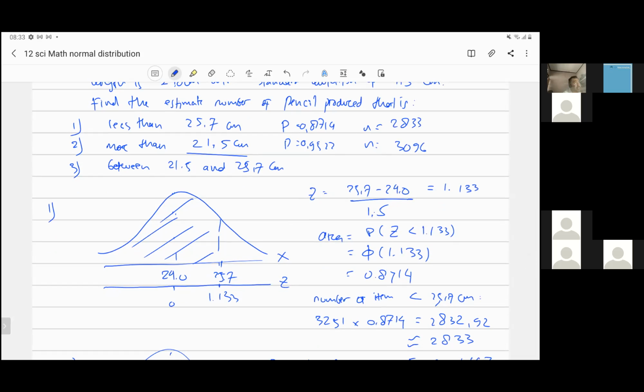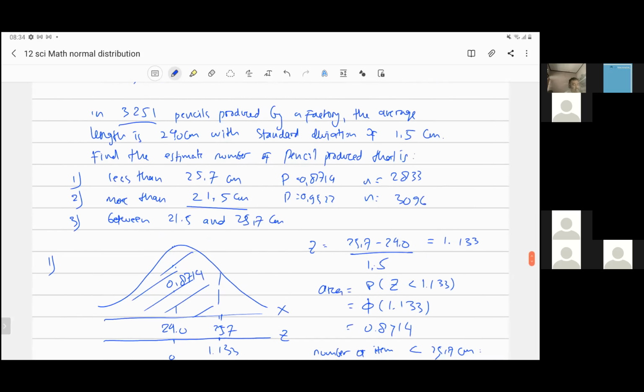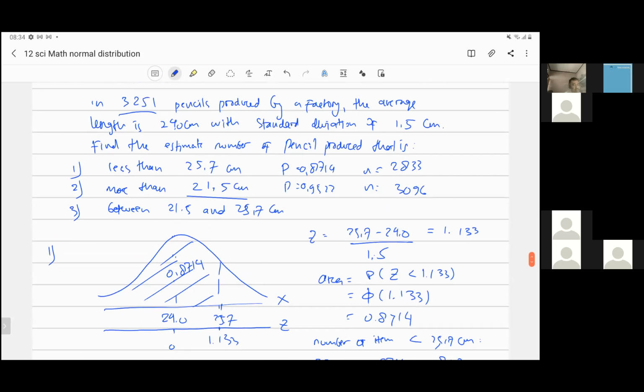Okay, so if it's less than 25.7, the proportion of the area is 0.8714. You just multiply it by the total number of items. In this case, that's going to be 3251.